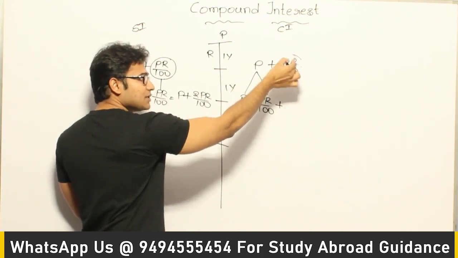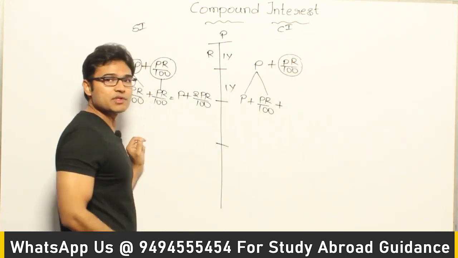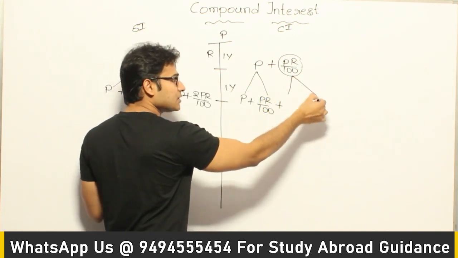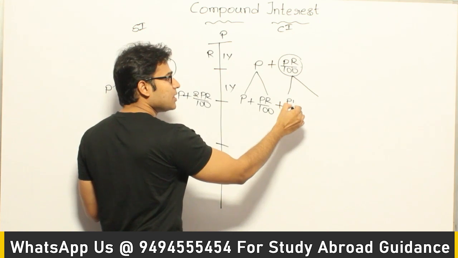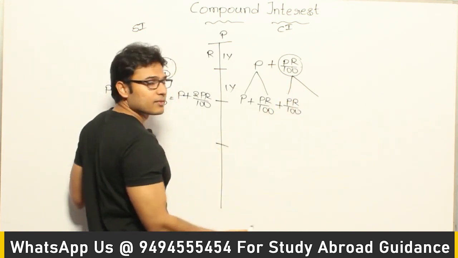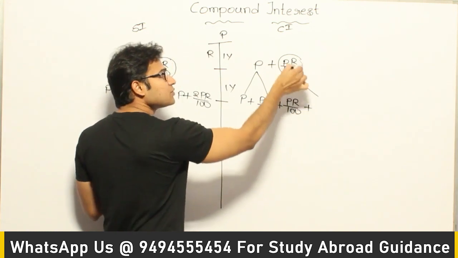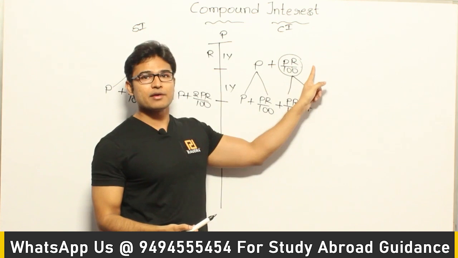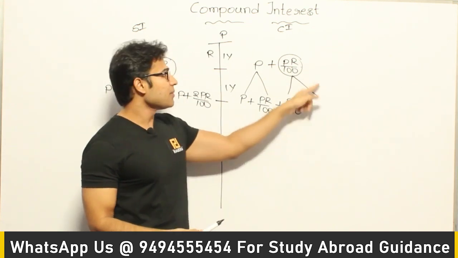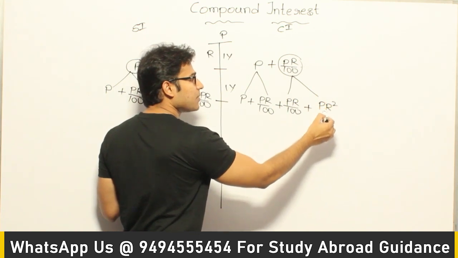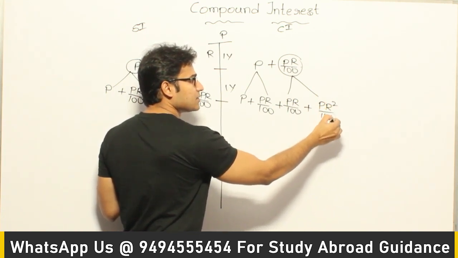You have to assume that this is also a new principal, one more principal which is invested. Therefore it is also going to grow, which means it is going to produce PR by 100 plus this entire amount is going to grow at a rate of R%. Therefore you have to multiply with R by 100 and again write it here, right? So if I multiply by R by 100, what do I get? P into R square by 100 square.